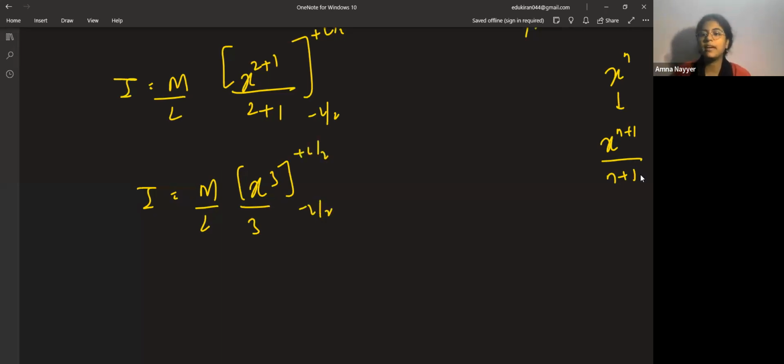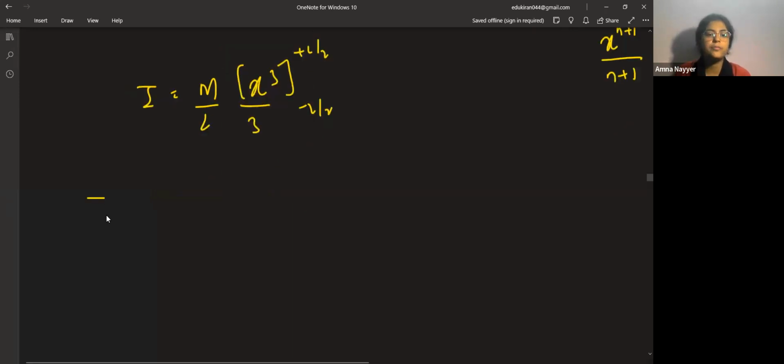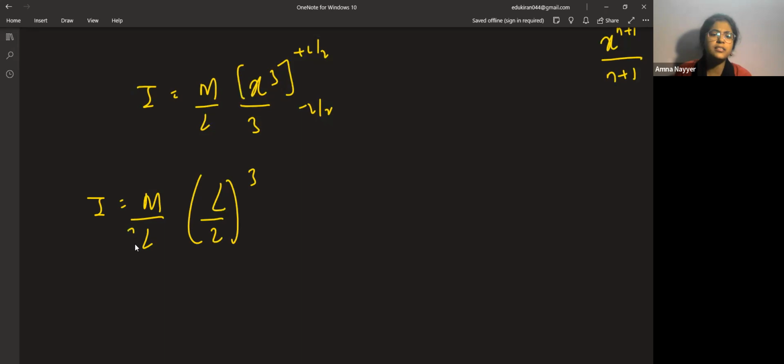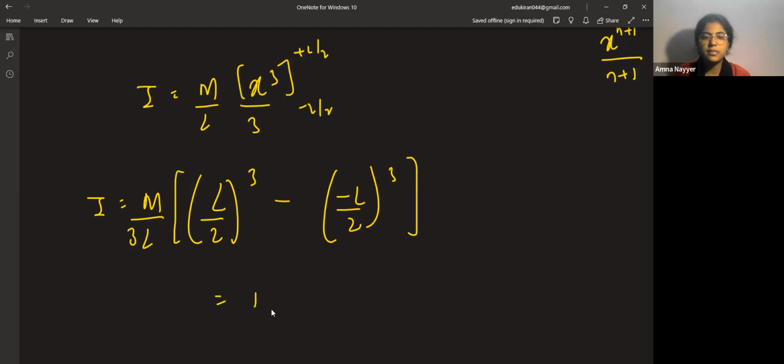So let's substitute the values of limits now. M by L. Upper limit first, L by 2 whole cube. Let's bring this 3 also here. Upper limit cube minus lower limit, that is minus L by 2, its cube. So this becomes M by 3L. This is L cube by 8, plus, why?